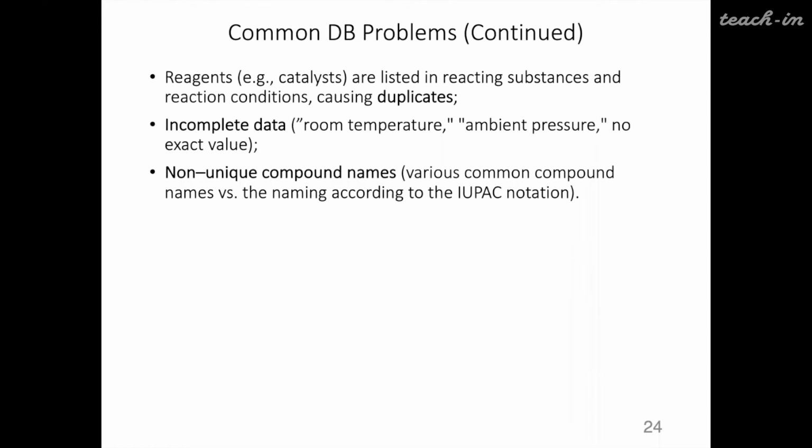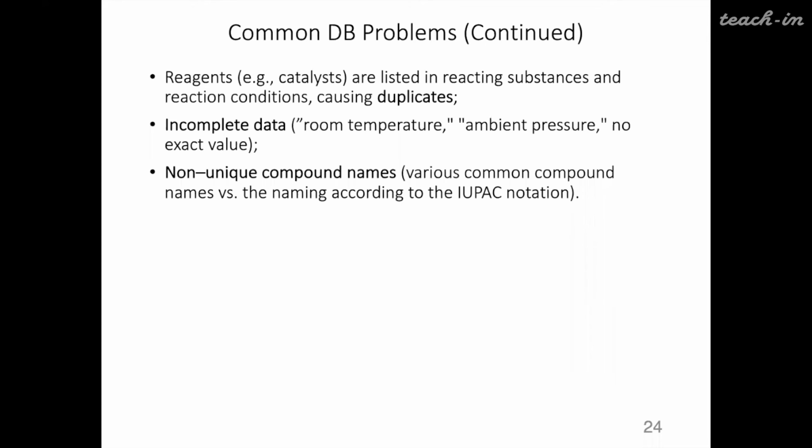So, for example, some database entries can have temperature assigned as, for example, room temperature. But what does it mean? Room temperature in hot summer may be one temperature, and in a chilly lab in winter, it can differ by tens of degrees Celsius.